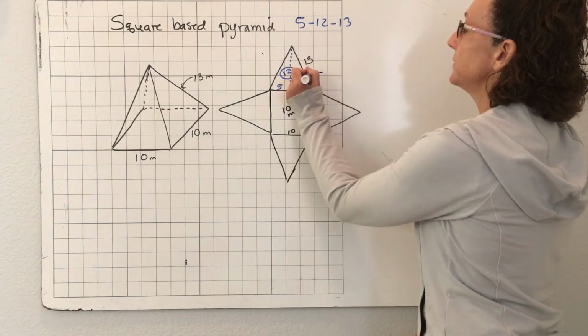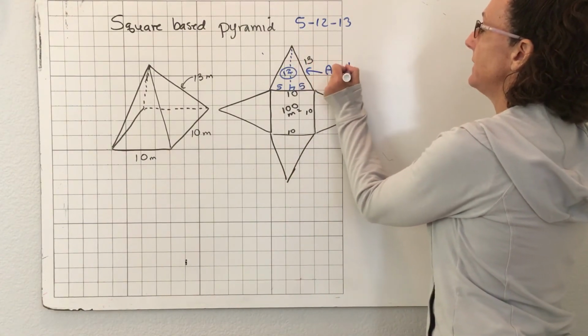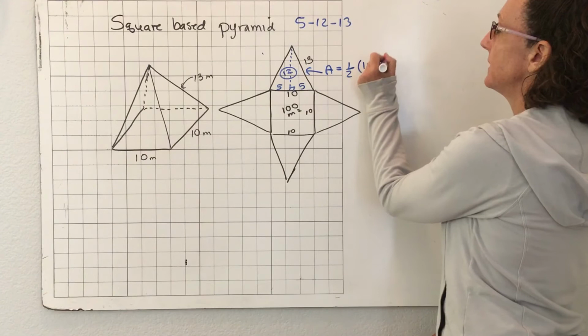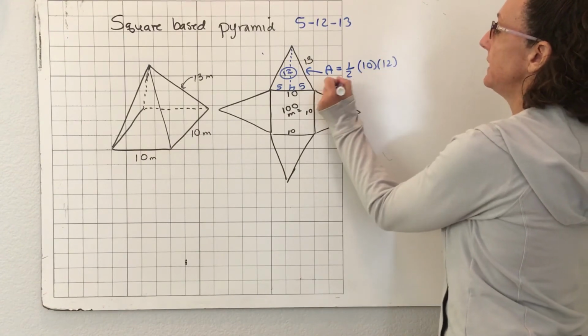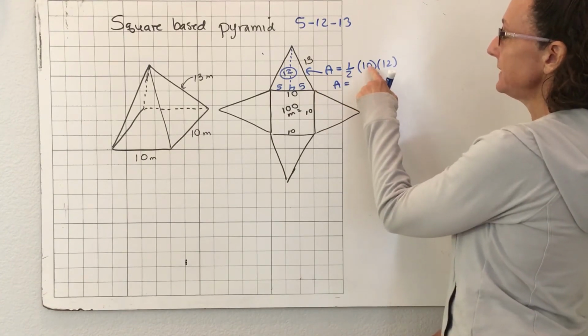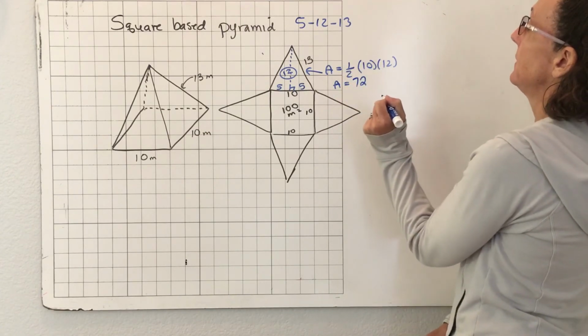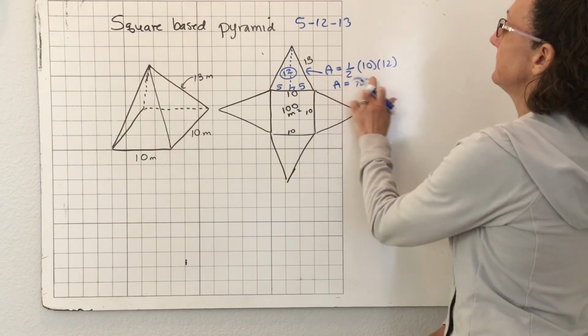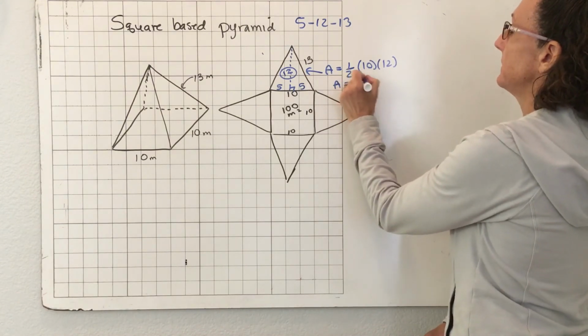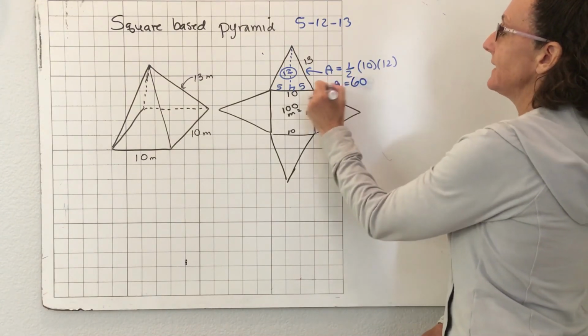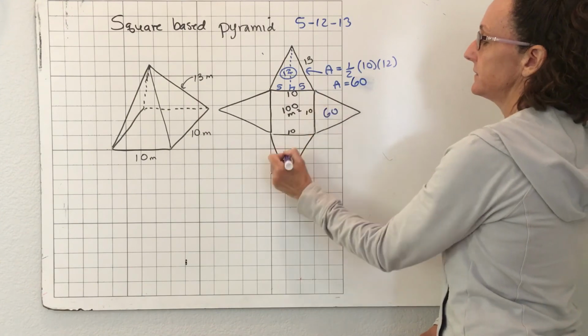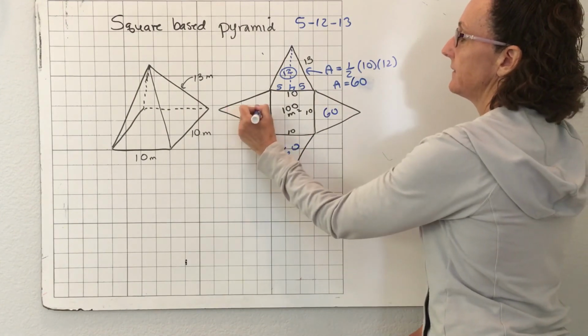So the area of this triangle is gonna be 1/2 base times height, okay? So the area of each triangle is 5 times 12, which is 72, okay? Sorry, 5 times 12 is 60. Sorry about that. Okay, and then that's the area of that. This is also 60, that's also 60, and that's also 60.